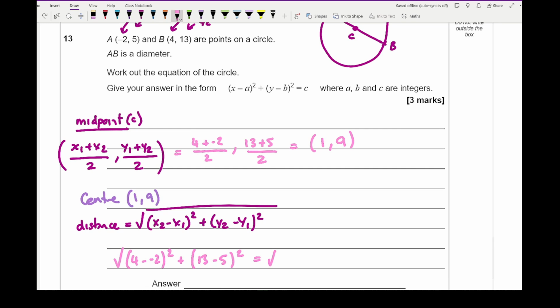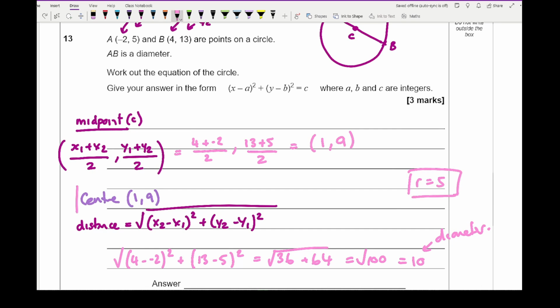Square of 6 is 36. 13 minus 5 is 8. Squared is 64. And that's going to come up to square root of 100, which is 10. So the distance between those 2 points is 10. So this is the diameter, which means then that the radius is going to be 5.